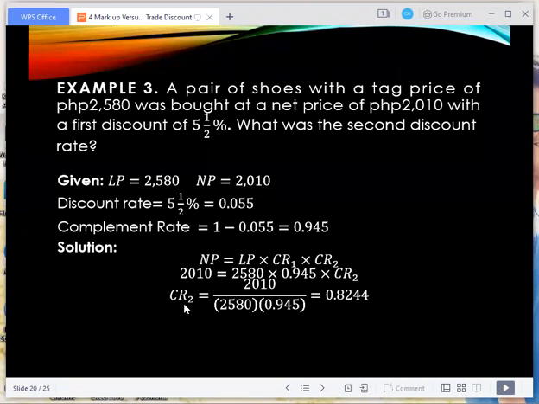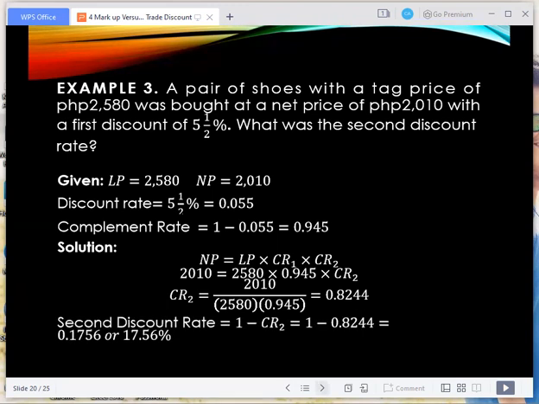So as you can see, the second complement rate is now equal to the net price of 2,010 over the list price of 2,580 multiplied by the first complement rate of 0.945. You get 0.8244. That is just the complement rate. It is not yet the discount rate.